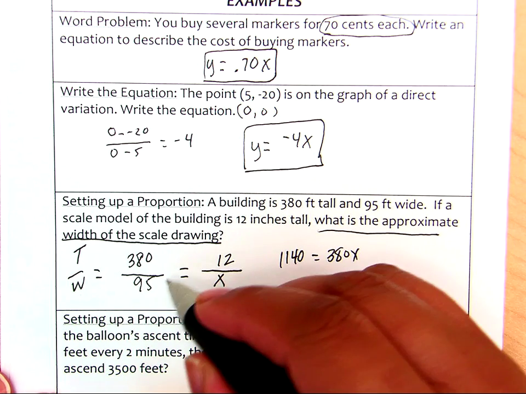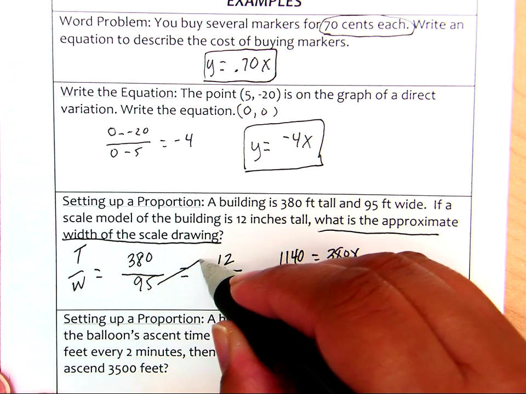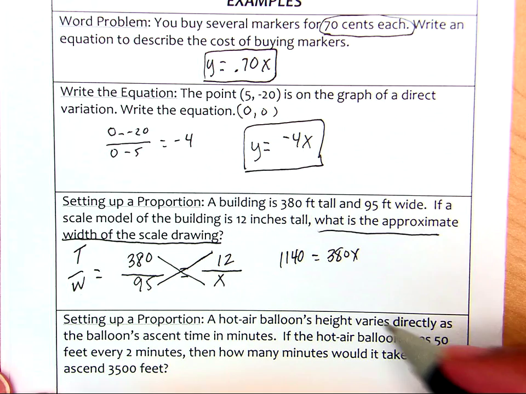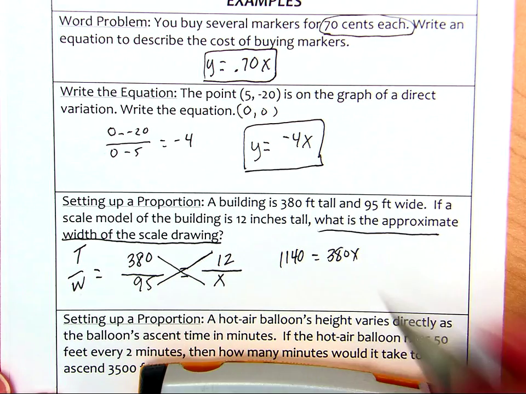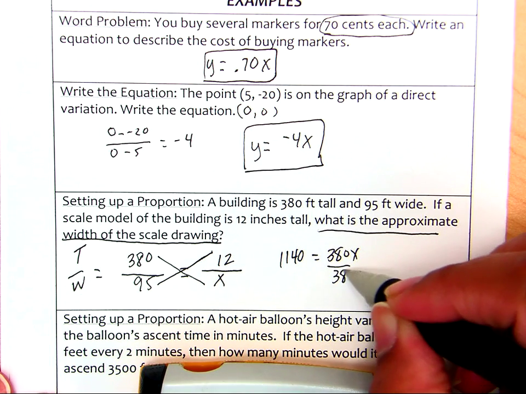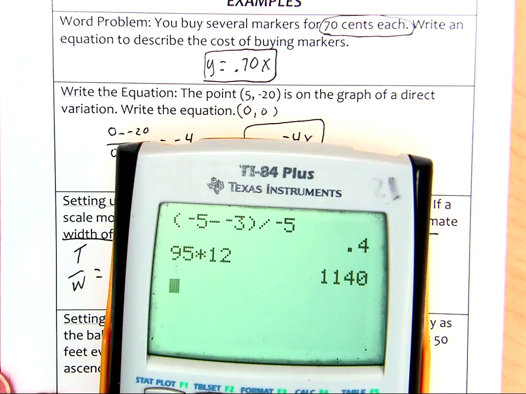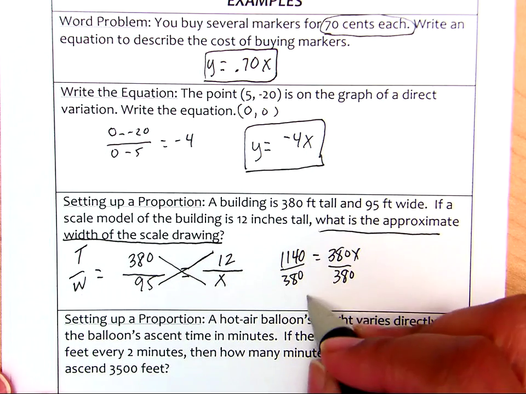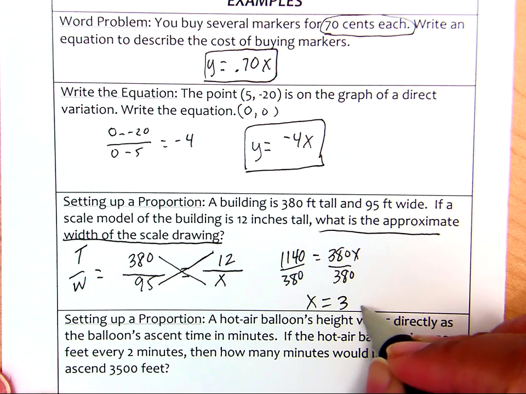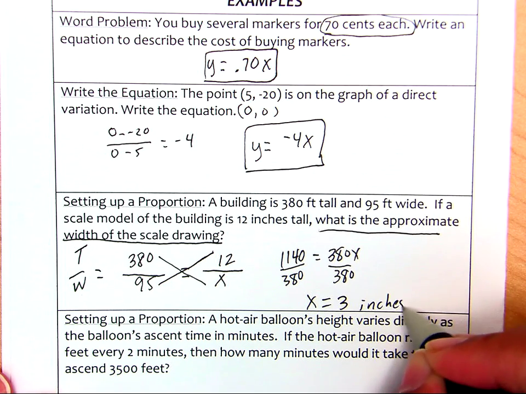And all we did is we multiplied these two and these two. Now from here, y'all should remember that we have to divide by 380 to get x by itself. So x would be 3 inches wide.